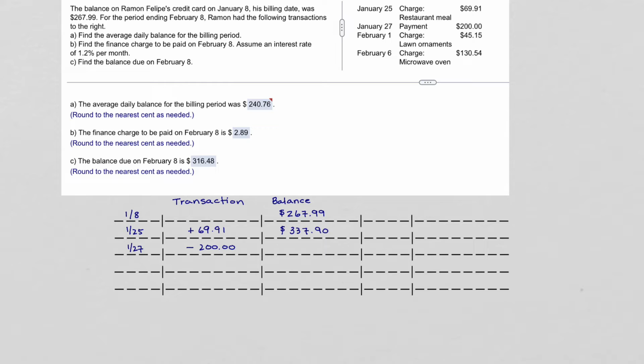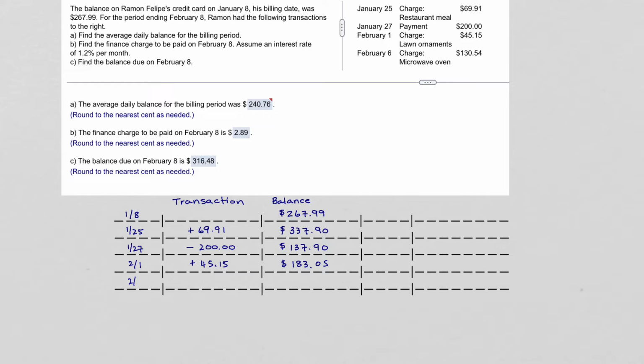So now we're subtracting $200 from the $337.90, and that brings us down to $137.90. And next we have a charge of $45.15. And when we add that on, that brings us to $183.05.